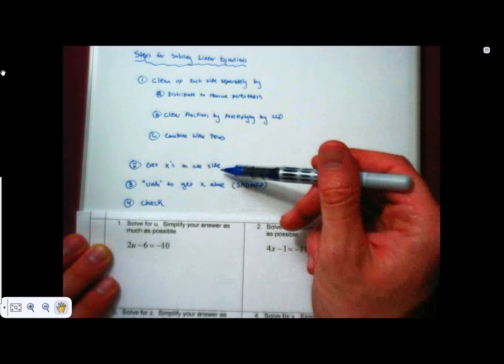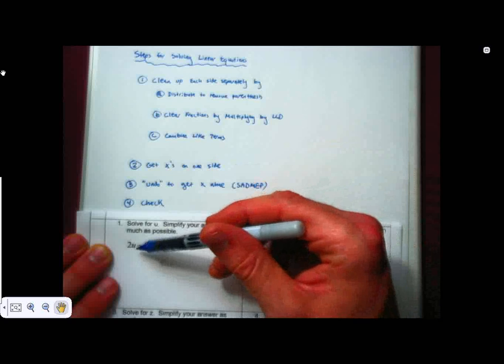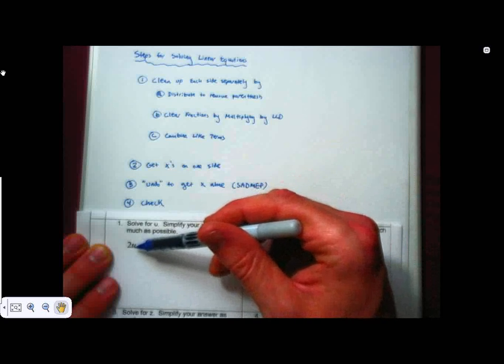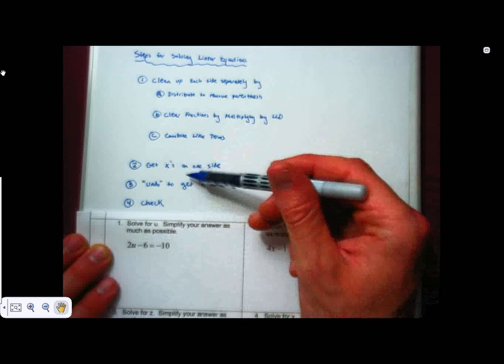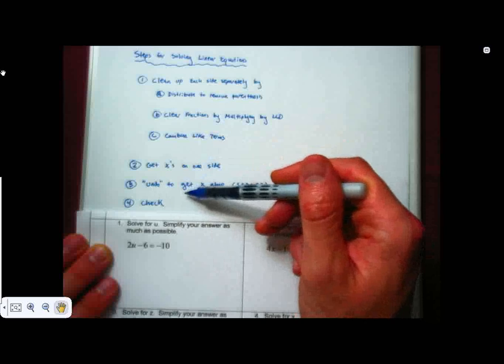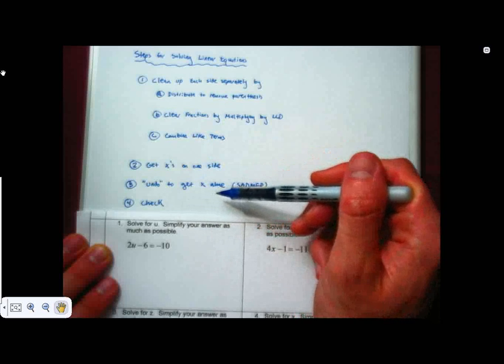The second step, and this is assuming that you're solving for x, is to get x's on one side. In our case, that would be the u's, but they are already on one side. They're all on the left-hand side of my equation. So we've actually skipped all the steps up until number 3. Number 3 says undo to get x alone.